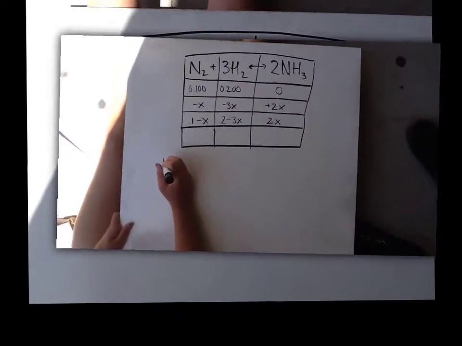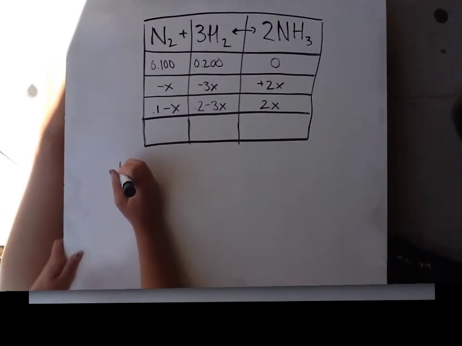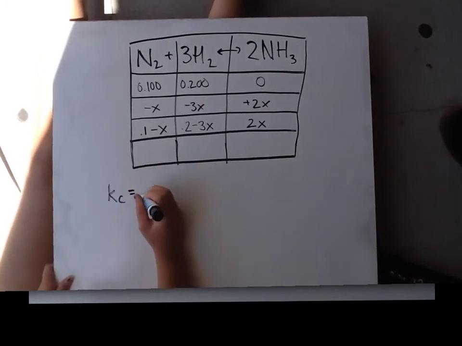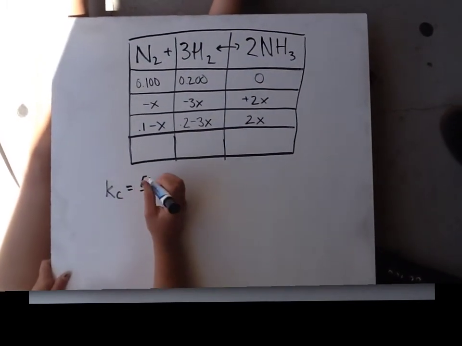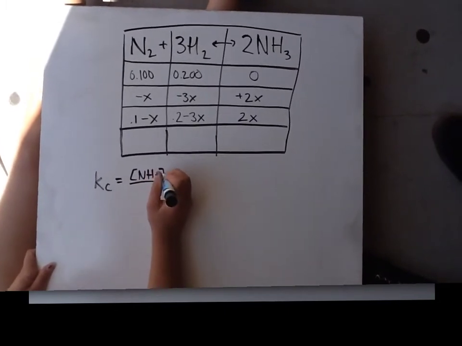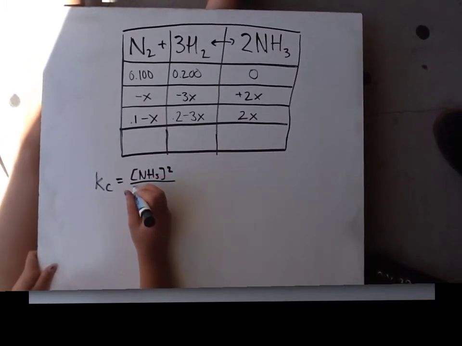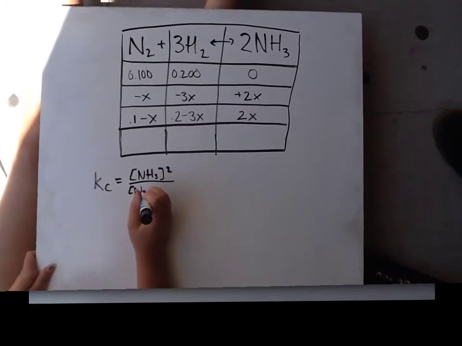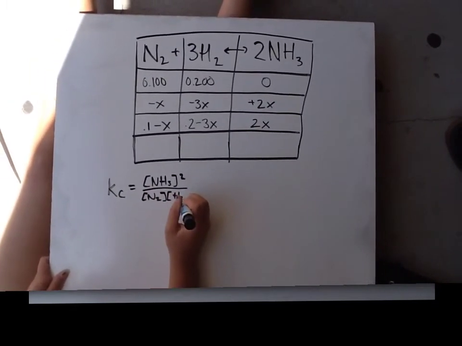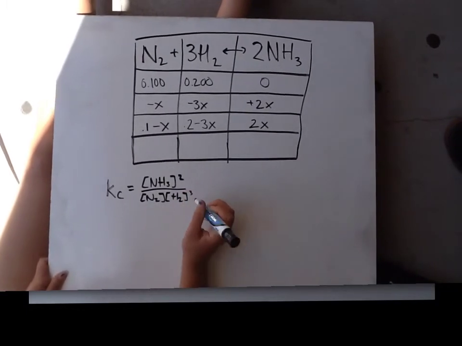And so when we did the problem, here's the problem. You set up the Kc, and that's equal to NH3 to the second power over N2 times H2 to the third power.